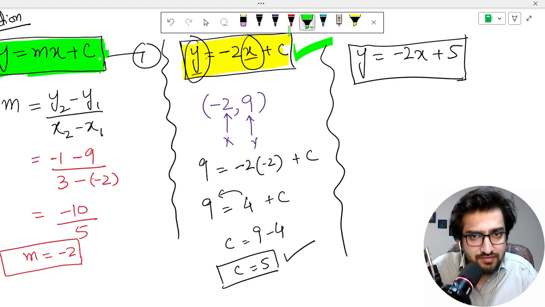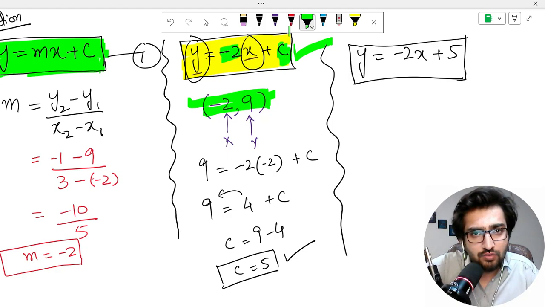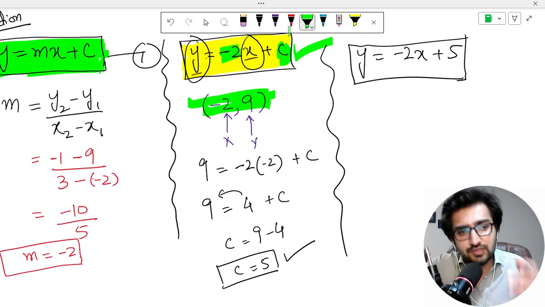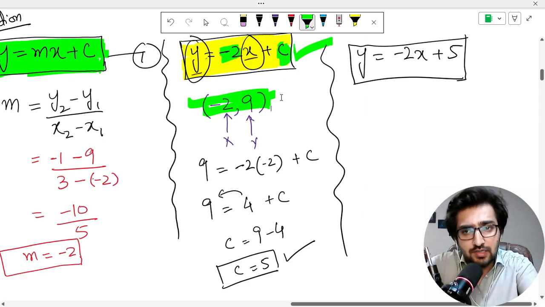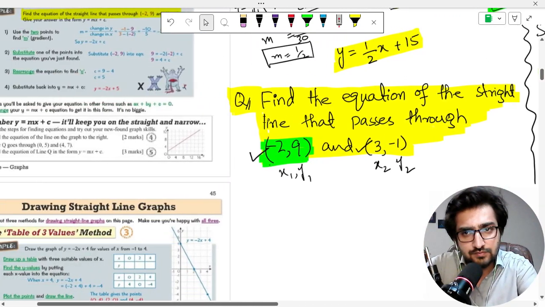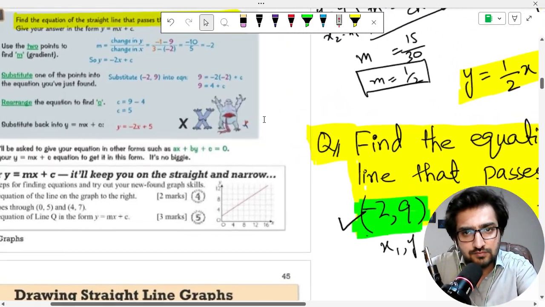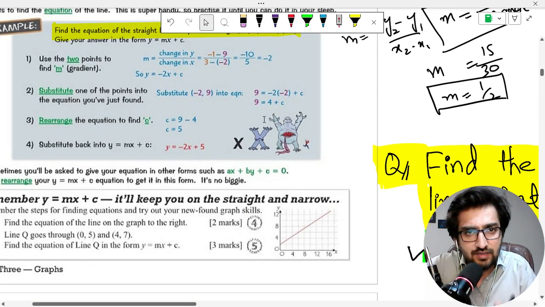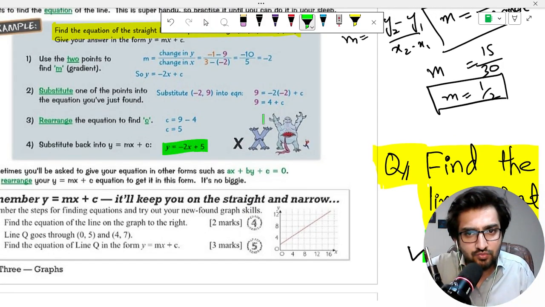You can see we have substituted gradient first, and after that we have assumed this point in order to put that in the equation in place of x and y in order to find out the value of c. So this could also be a question in this topic. Now you see here, that is the answer. This is what we got, okay? Minus 2x plus 5.